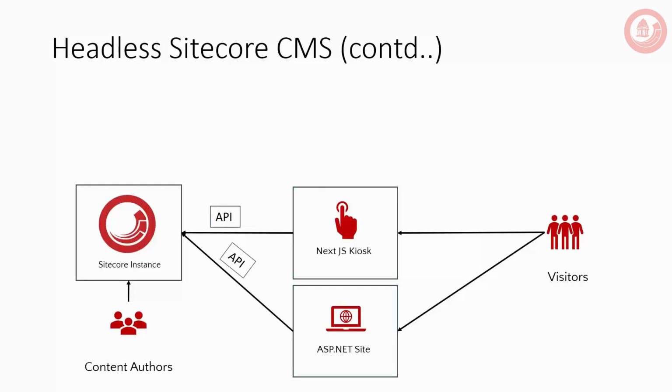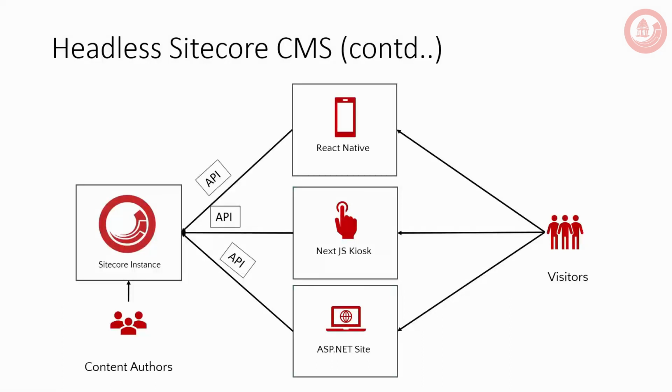That Next.js kiosk you can build, but you are still reading the content from the Sitecore instance through APIs. And again, if you are building any React Native or mobile app, you can still consume the content using the APIs. So again, you might get a question, how does it differ?